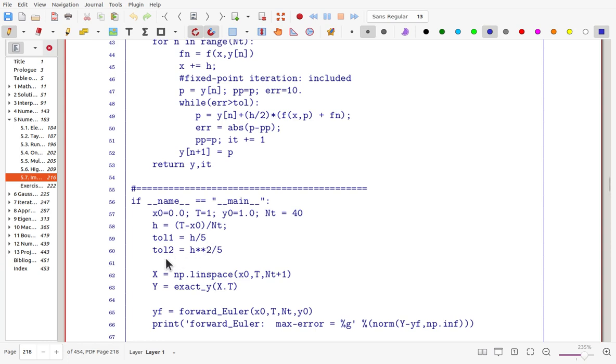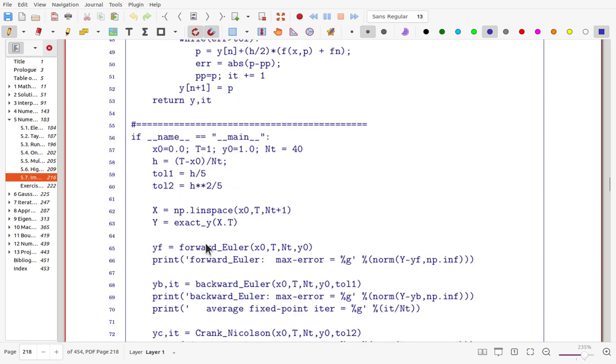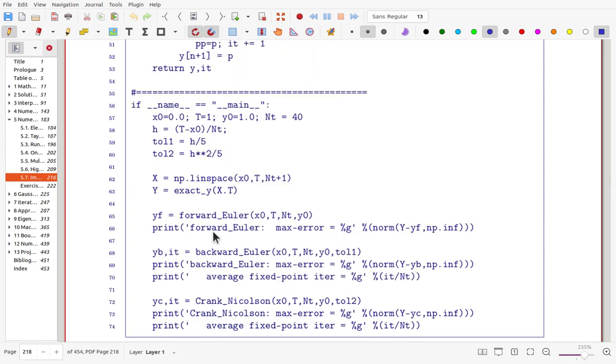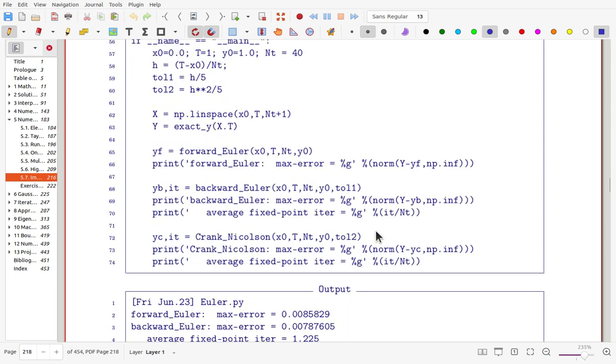And tolerance 2, that is h squared over 5, is for the second order scheme, the Crank-Nicolson method. Now first we try to find the ODE for the exact solution, and we call forward-Euler and measure the maximum error, and backward-Euler and measure the maximum error and print out the average fixed point iterations.